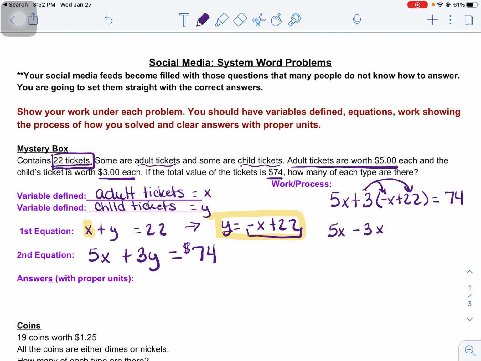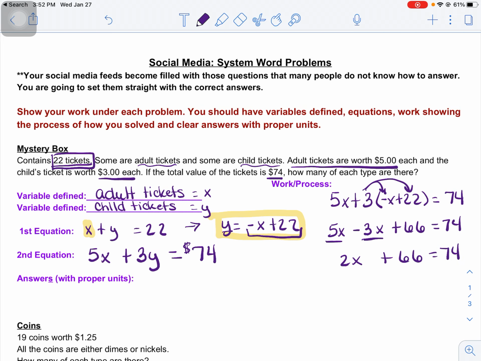And then 3 times 22. Well, 20 times 3 is 60, 2 times 3 is 6, so this is 66, equals 74.